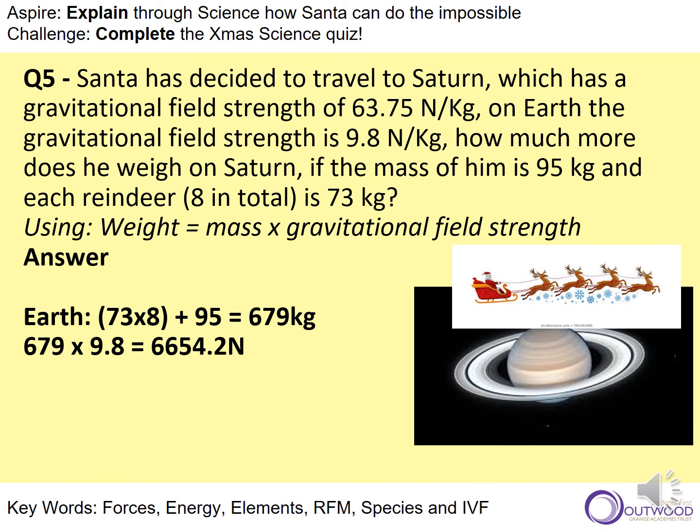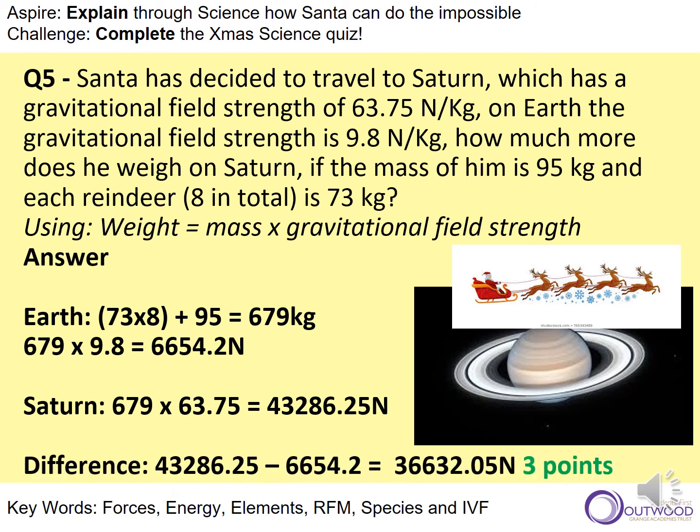The next stage is you do the same for Saturn. However, we've already worked out 679, so all we do this time is 679 times 63.75, and we get 43,286.25 newtons. What we need to know is how much more does he weigh?